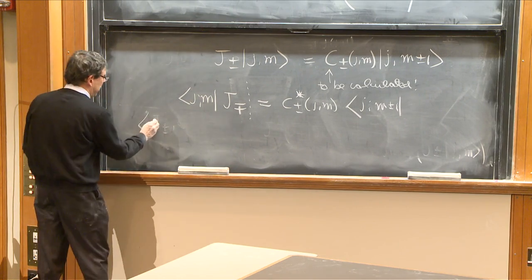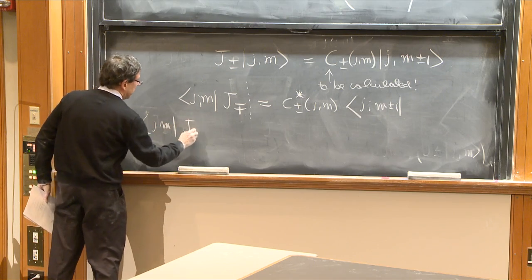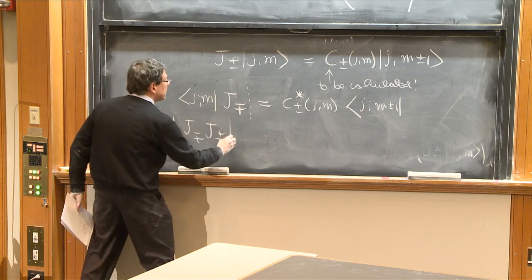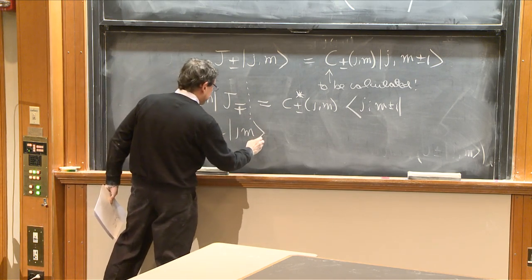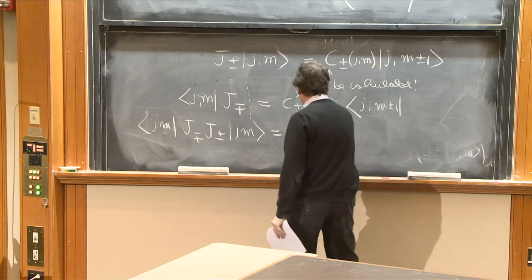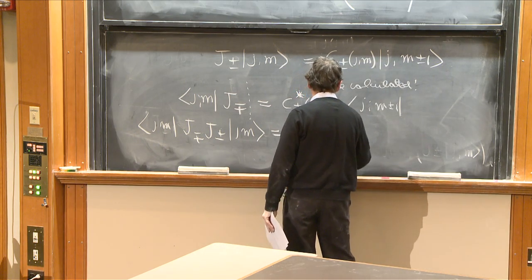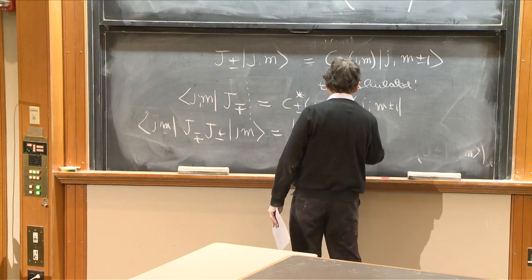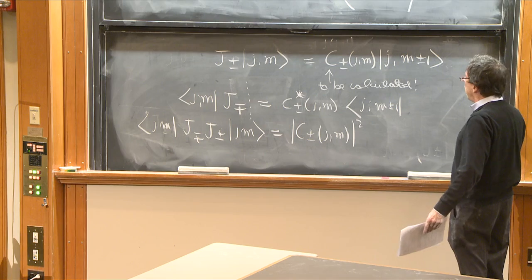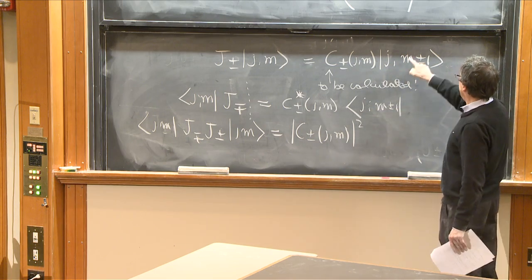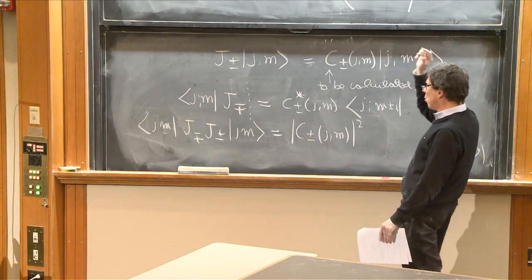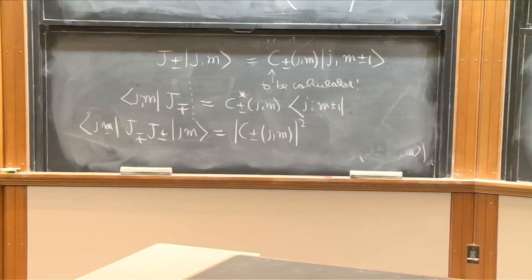So you have jm, j minus plus, j plus minus, jm equals the norm of c plus minus jm. And then you have this state times this state, but that's 1 because it's j, m plus 1, m plus 1. So this is an orthonormal basis, so we have just 1, and I don't have to write more.